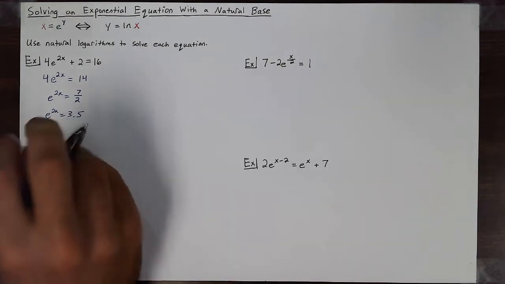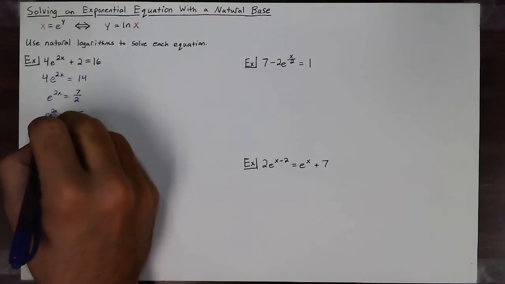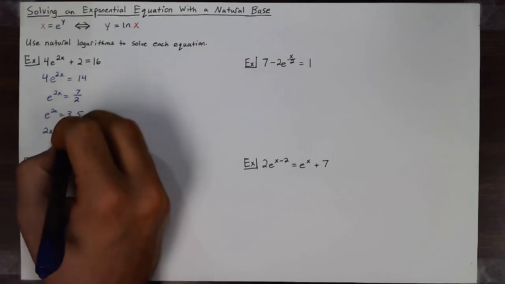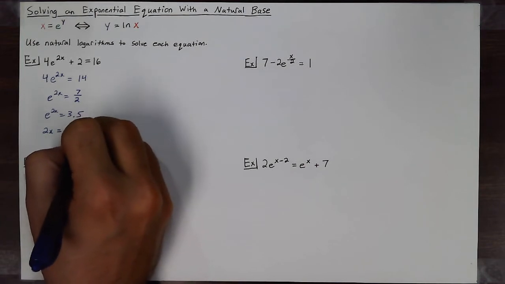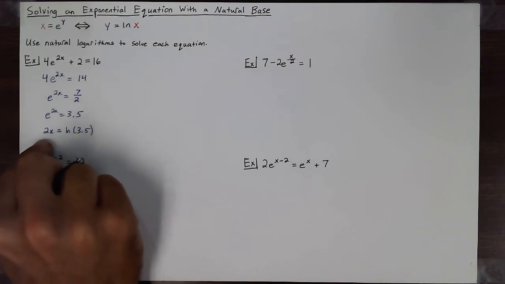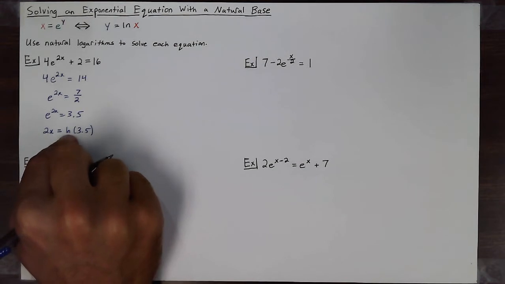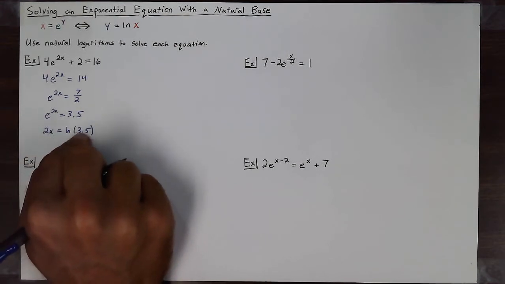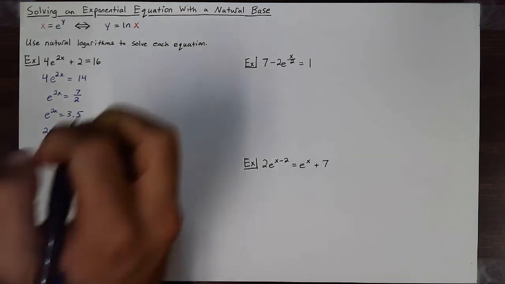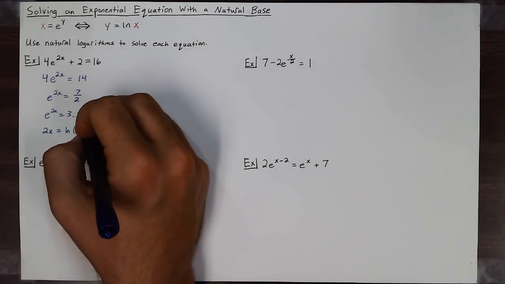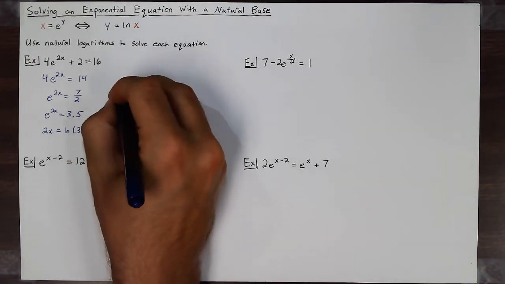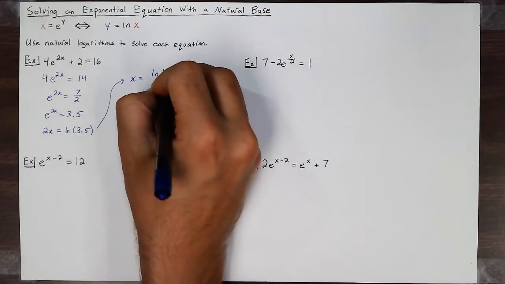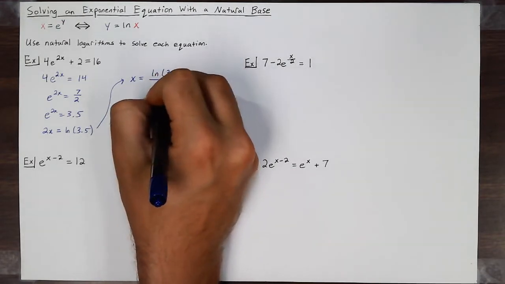And then I'm going to rewrite this as the exponent, 2x, is equal to the natural log of 3.5. Again, the exponent is equal to the log base, the exponential base, which is e, so I'll put ln for my natural log of 3.5. And then I can just divide by 2, giving me my solution as x is equal to the natural log of 3.5 over 2.